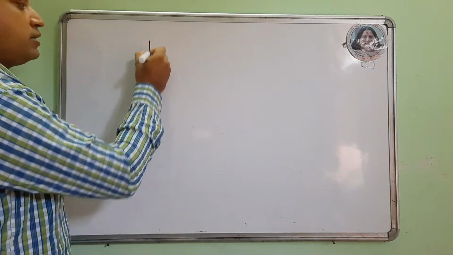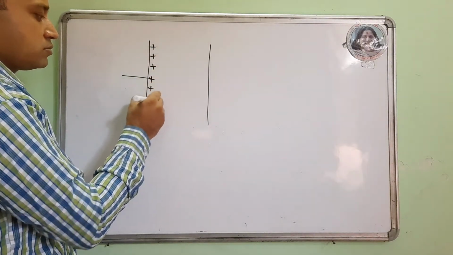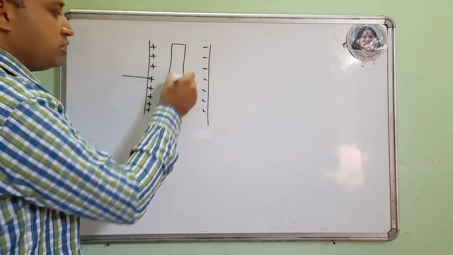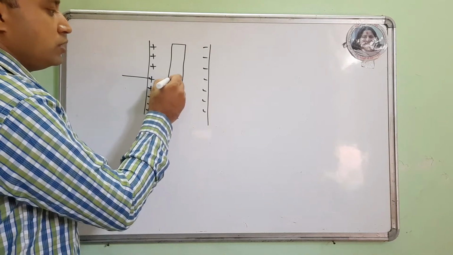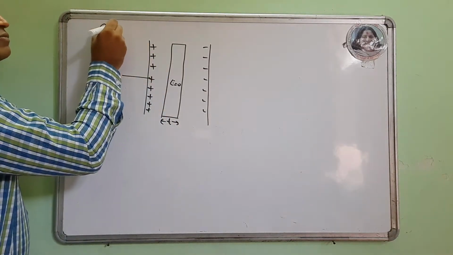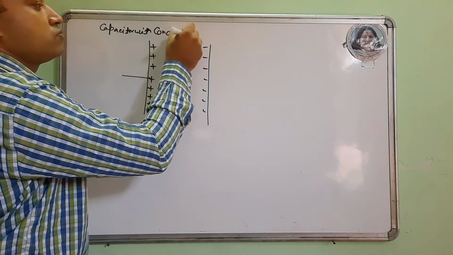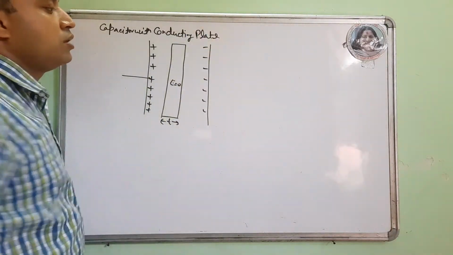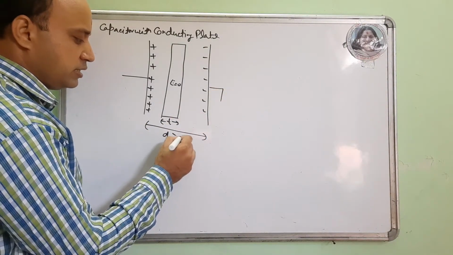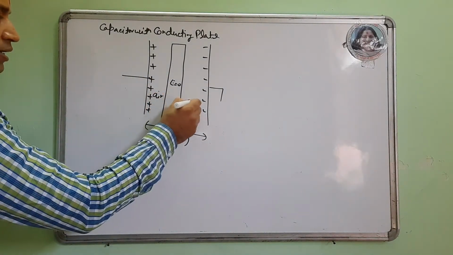Now if the capacitor plates have a conducting plate between them, suppose for a conductor E becomes 0, its thickness is T, that is a capacitor with a conducting plate of thickness T, but the plate separation is D. Now D is greater than T. So here it is air, here again it is air.